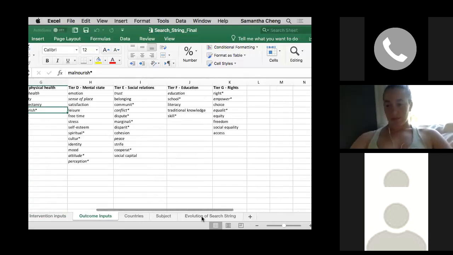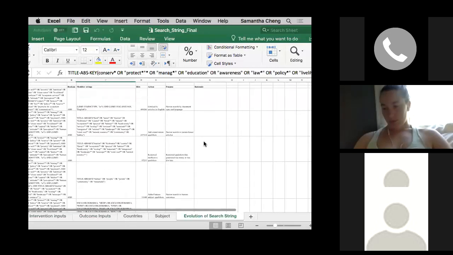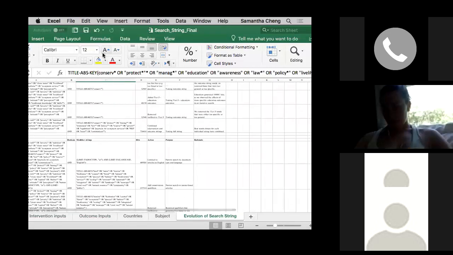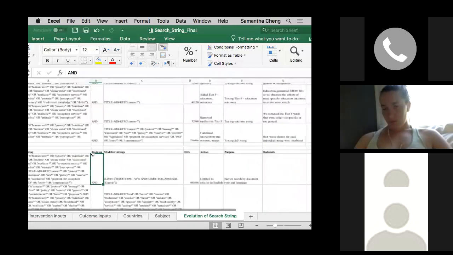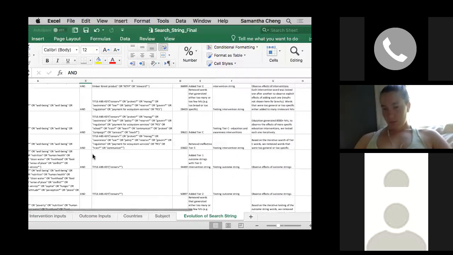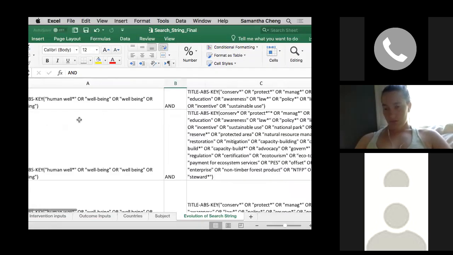And you can see it then as well, let me scroll. You can see here how we start to combine them. Where you see at the beginning it says title abs key, this is the identifier for different databases.